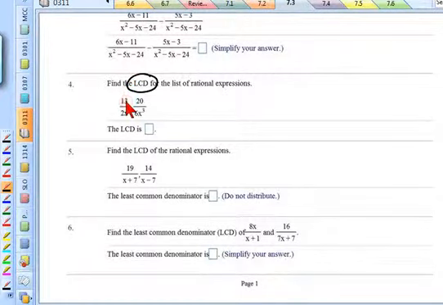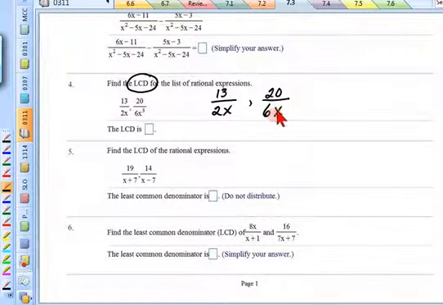So in problem number 4, it has 13 over 2x, then a comma, because you're not asked to add or subtract. You're just looking at two fractions, trying to find out the common denominator. 20 over 6x to the third.